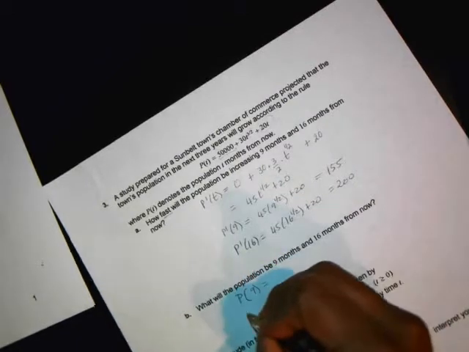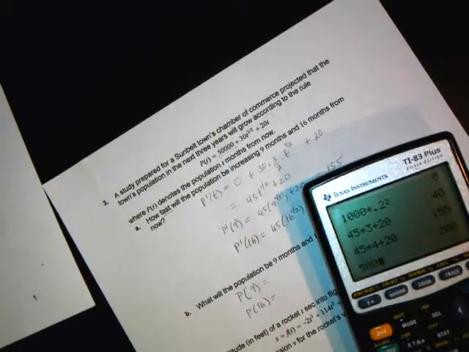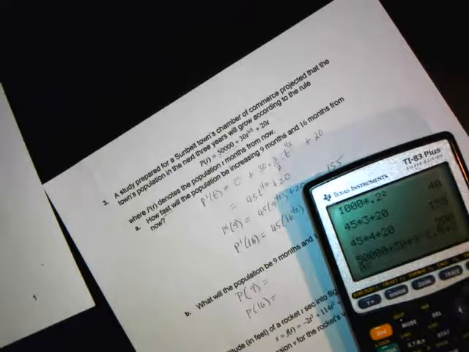It's growing pretty fast. But the next question is asking, what will the population be? So you don't need the derivative now, but you need the population itself. So you need to go to the original function and find P at 9 and P at 16. So we'll use our calculators. 50,000 plus 30 times 9 raised to 3 halves, which is 1.5, plus 20 times 9.